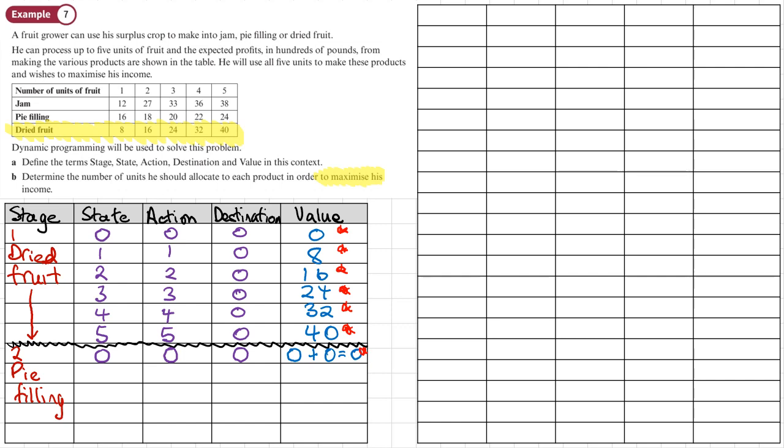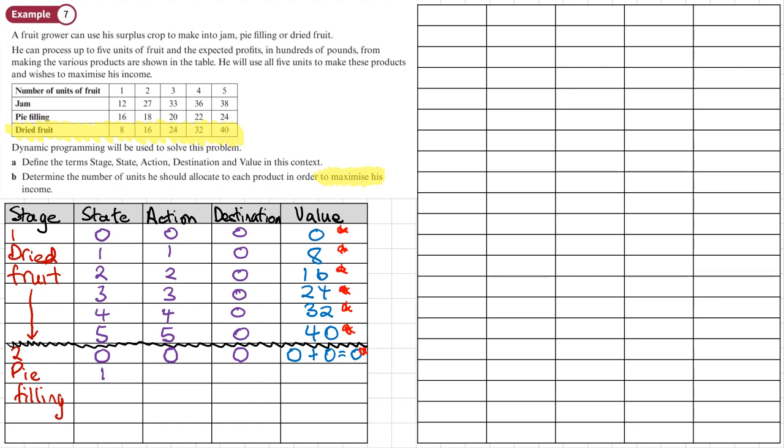Okay, the next option would be that 1 unit has been passed from the previous stage, the jam filling stage. So this would be where 4 have been used up in the jam filling stage, 1 left, passed to the pie filling stage, and we have 2 options.